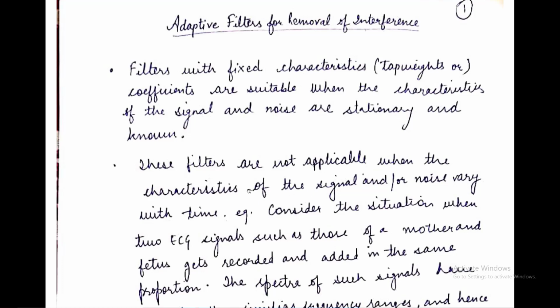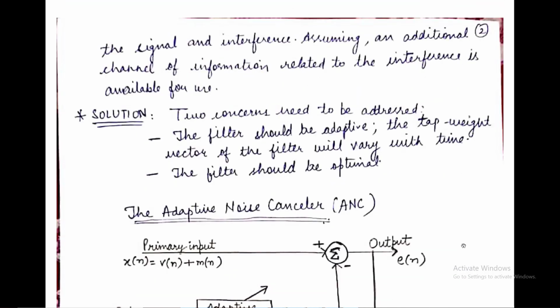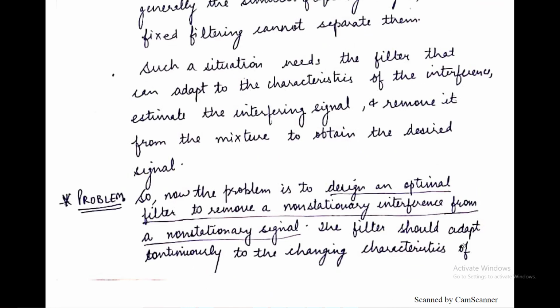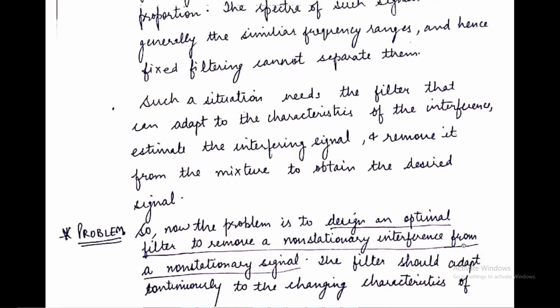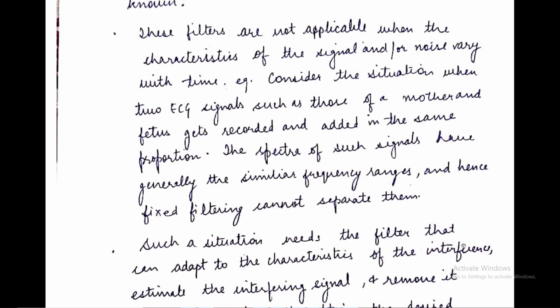For example, consider the situation when two ECG signals, such as those of a mother and fetus, get recorded and added in the same proportion. The spectra of such type of signals have generally similar frequency ranges, and hence fixed filtering cannot separate them.